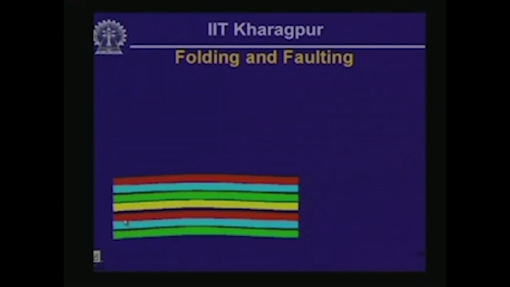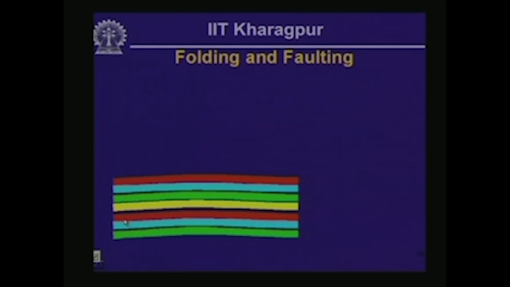Let's look at an approximately horizontally stratified series of sedimentary rock, for example, schematically shown on the slide there, and let's assume that what we are trying here is to squeeze this rock mass by applying very high stress in the horizontal direction.